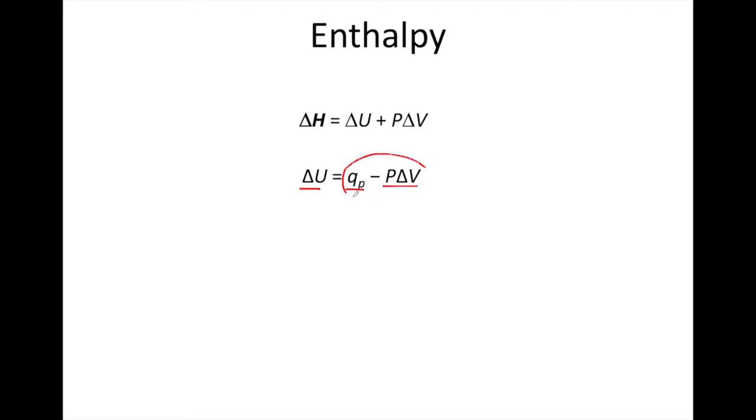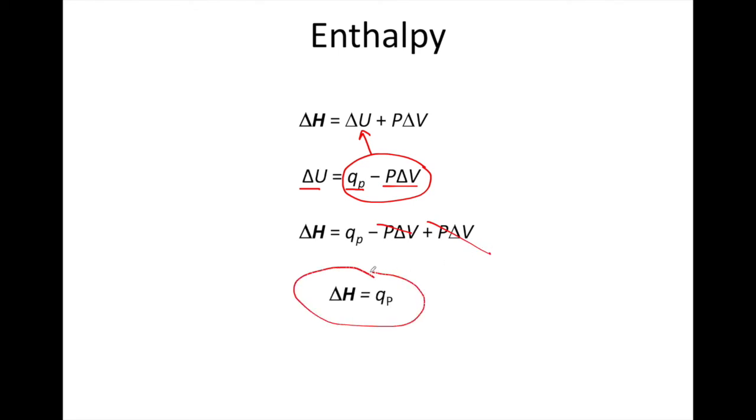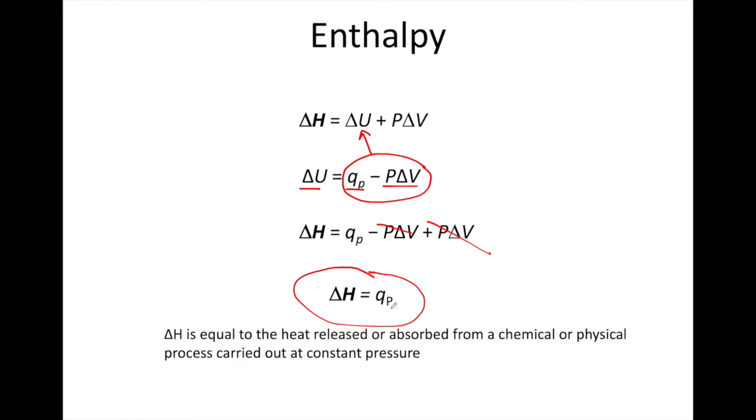So if we put that in for our change in internal energy, we essentially get this equation here, where Q sub P minus P delta V plus P delta V. Notice that these cancel, and that tells us that the change in enthalpy is equal to the heat released or absorbed when a chemical reaction occurs at constant pressure.